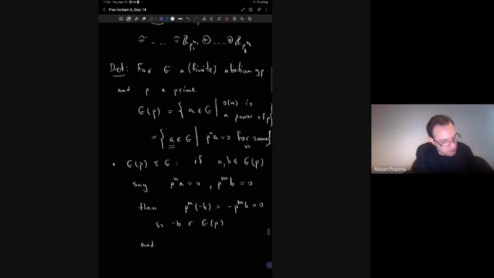And a minus b, if you multiply it by p to the n, p to the m, you get 0 again. So altogether, a minus b, or a plus b as well, is also an element in G_p.